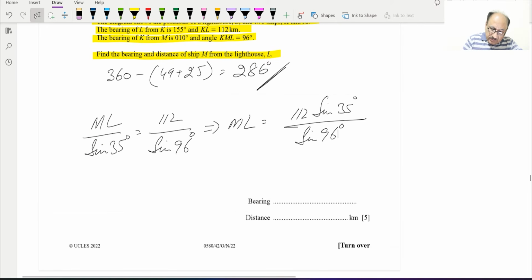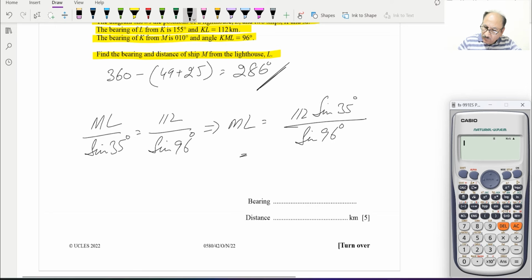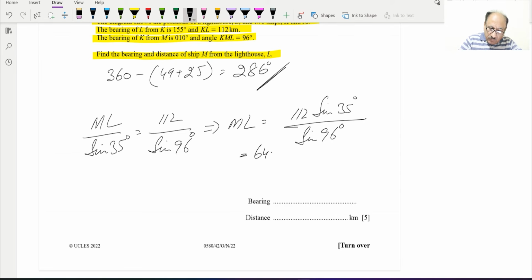This is equal to 64.59, or we can write it as 64.6 kilometers, and the bearing is 286, which we already found, and these two will be the answer, and this is for 5 marks.